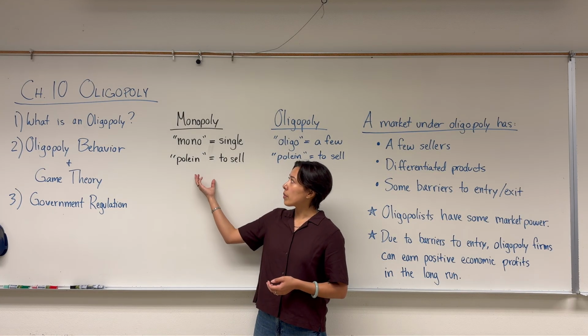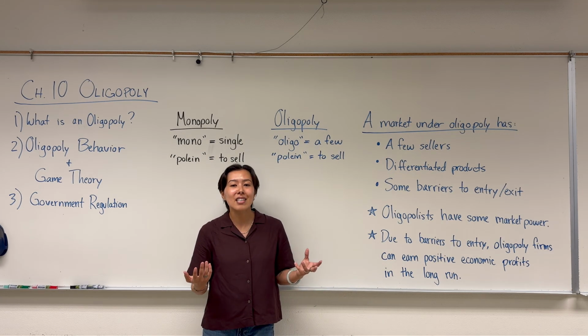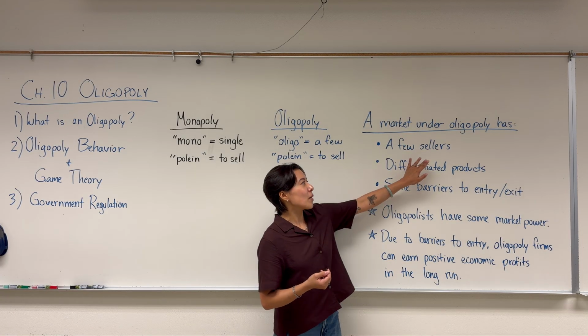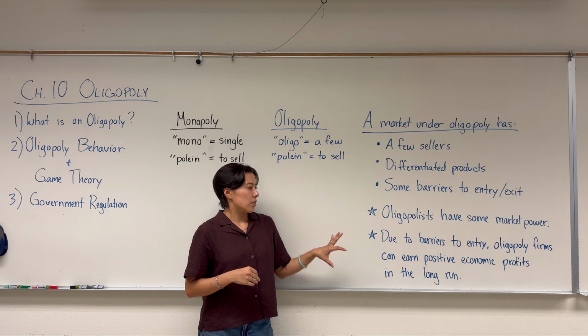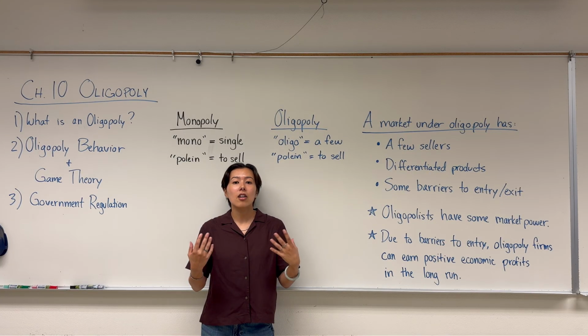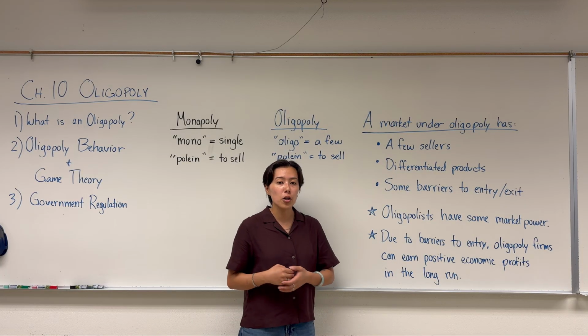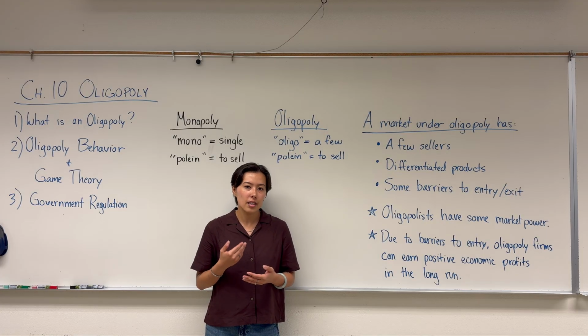This is just like what we saw under monopoly, except this power is going to be weakened for oligopoly firms because they still have to compete with a couple of rivals. So, due to these barriers to entry, that competition in an oligopoly is limited to just the existing firms, and these existing firms can earn positive profit in the long run.